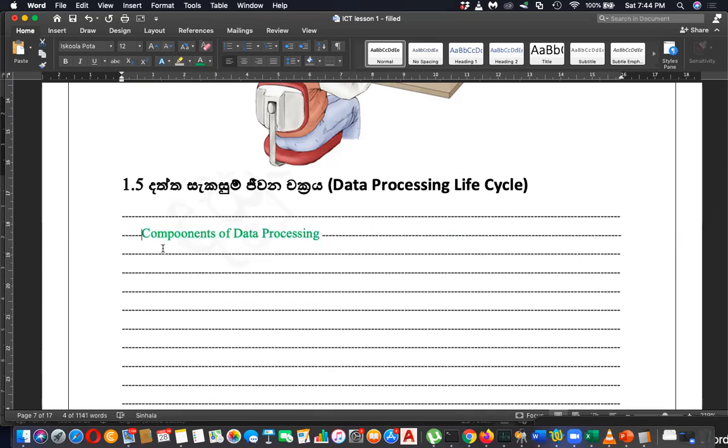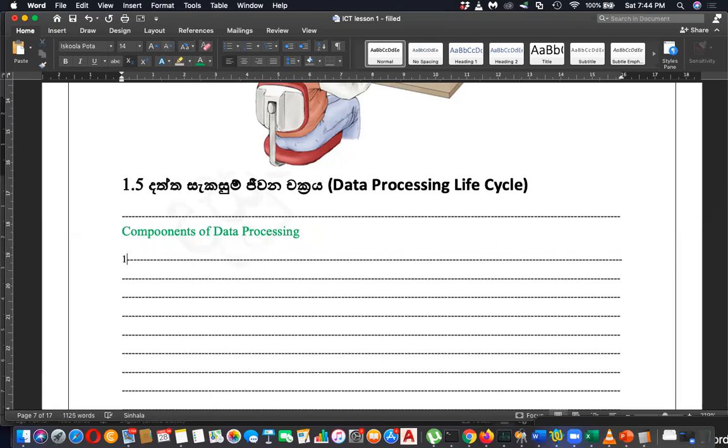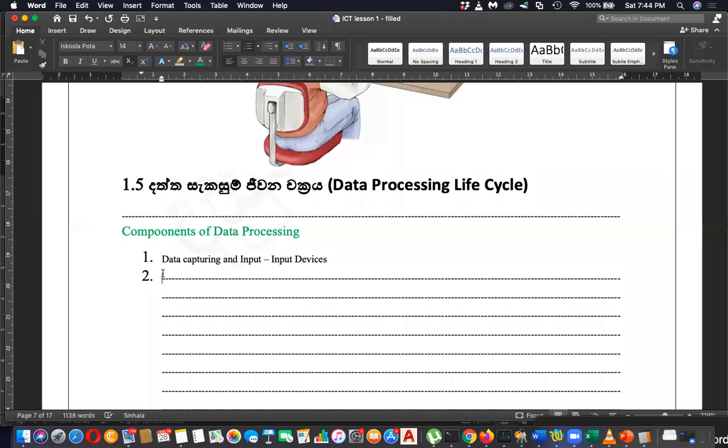So what are the components of data processing? The first thing I'm writing in point format is data capturing and input. Here we use input devices. What is number 2? Stores data.